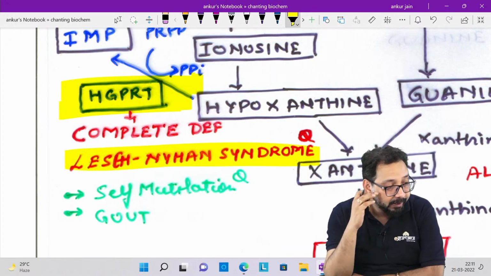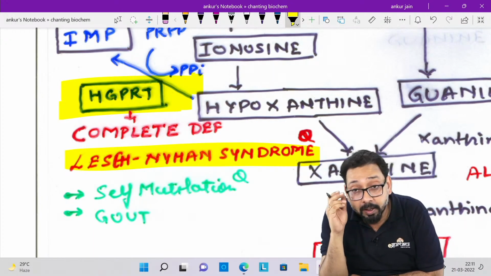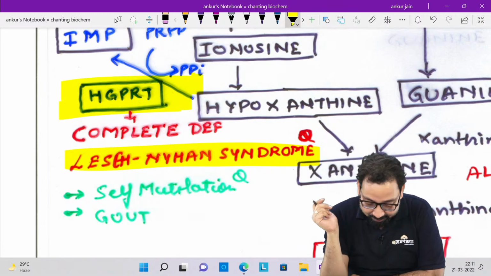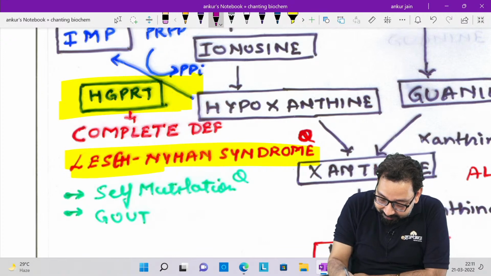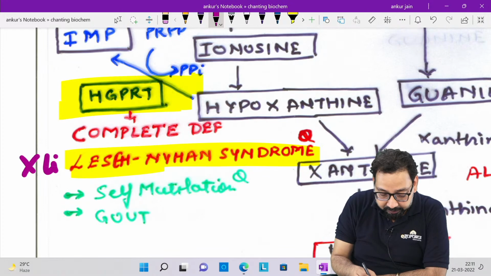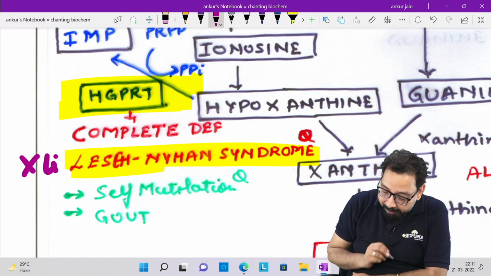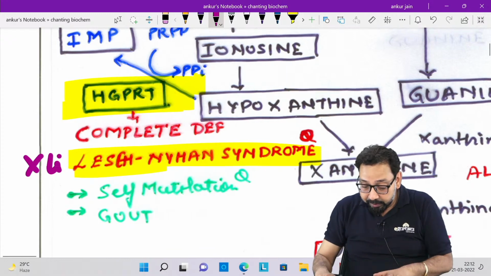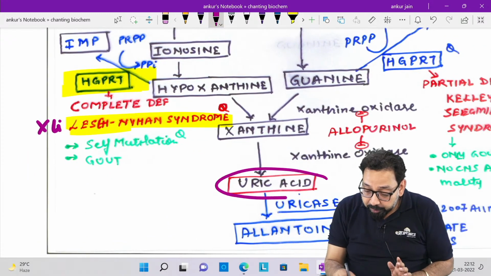Lash means eyelashes, Nayan matlab eye. It is X-linked recessive. Question is asked, Lesch-Nyhan syndrome is X-linked recessive. In this, the symptoms are gout, uric acid increase.